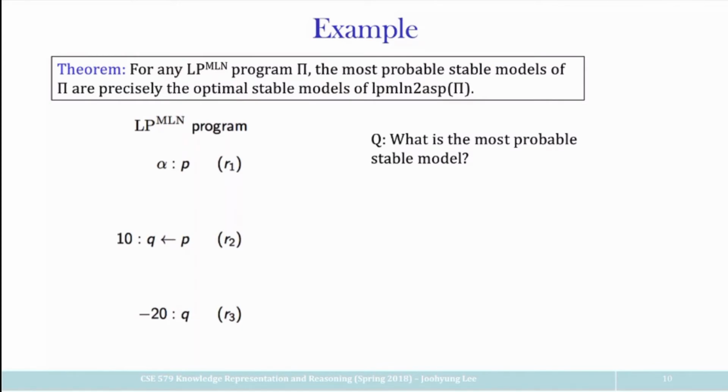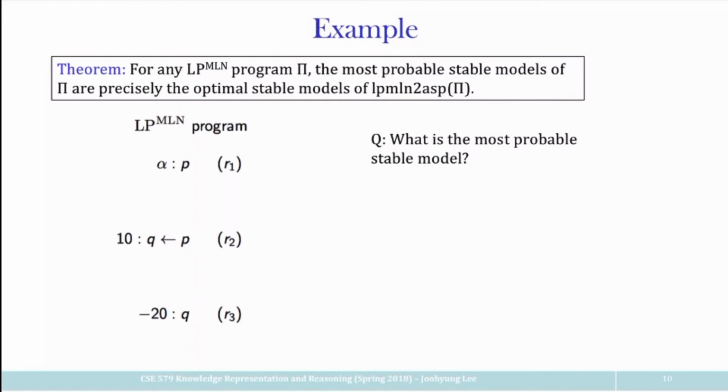Okay, so this is the example for the theorem. Suppose you have an LPMLN program where we have alpha and 10 and minus 20 as the weights. Here we want to find the most probable stable model. Actually, let's do a quiz.